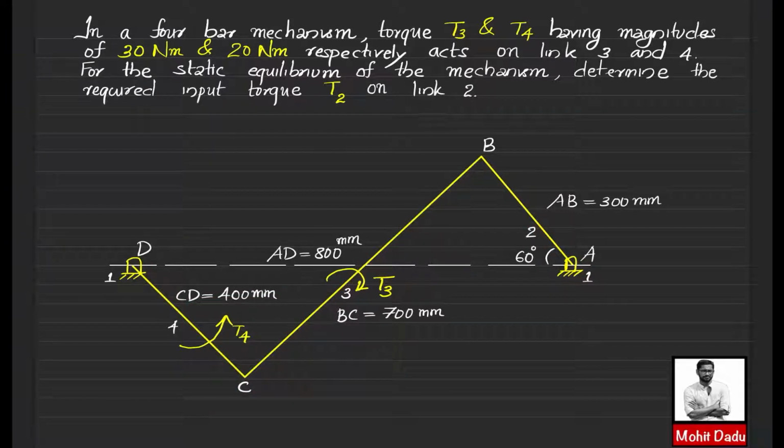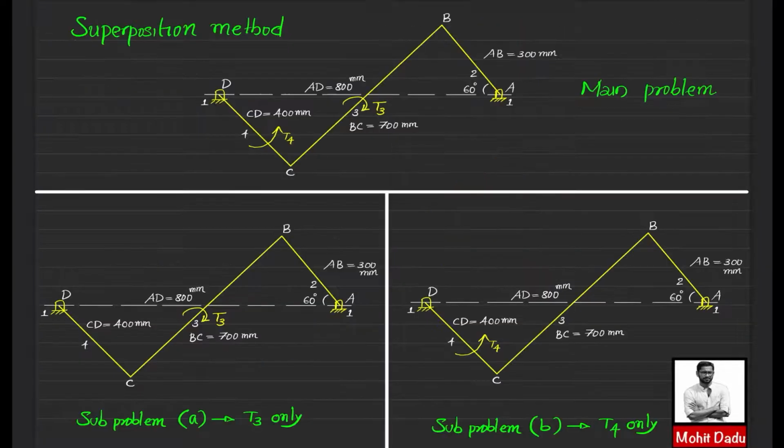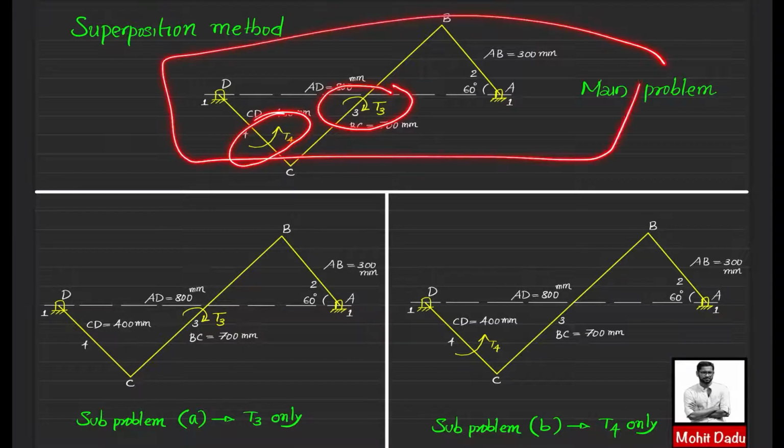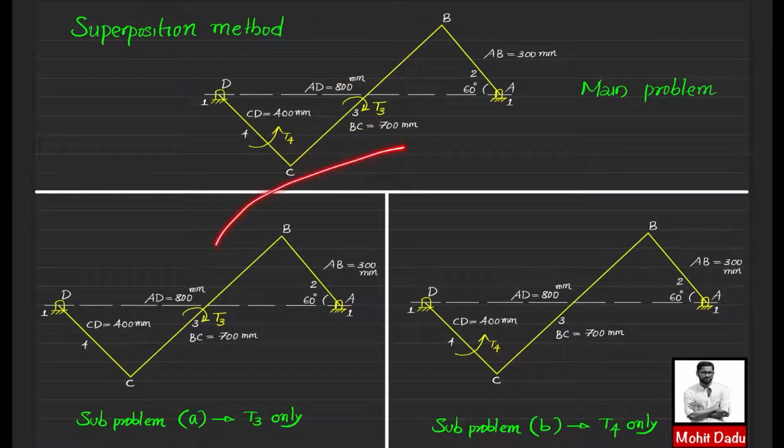Since the external disturbing things are torques and there are 2 of them, T3 and T4, you will have to apply the principle of superposition. The main problem can be divided into 2 sub cases, where the effect of only one torque, T3, is taken, and then the effect of the other torque acting individually, and at that time we neglect the other one.